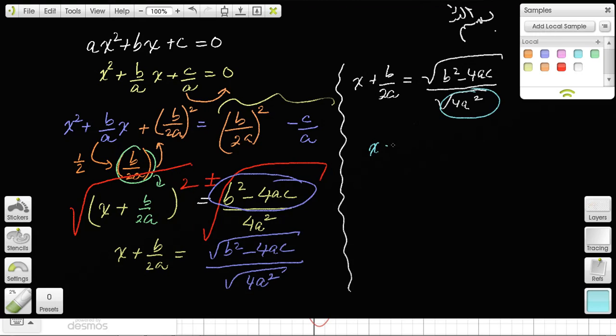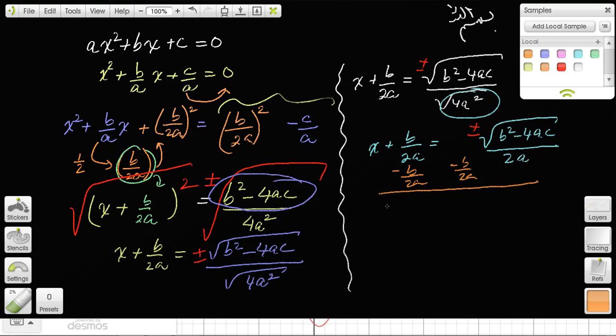Well, x plus b over 2a equals square root of b squared minus 4ac over square root of 4, which is 2, and square root of a squared is a. So that simplifies that. Now there's a plus or minus there. Don't forget the plus or minus. Plus or minus right there.